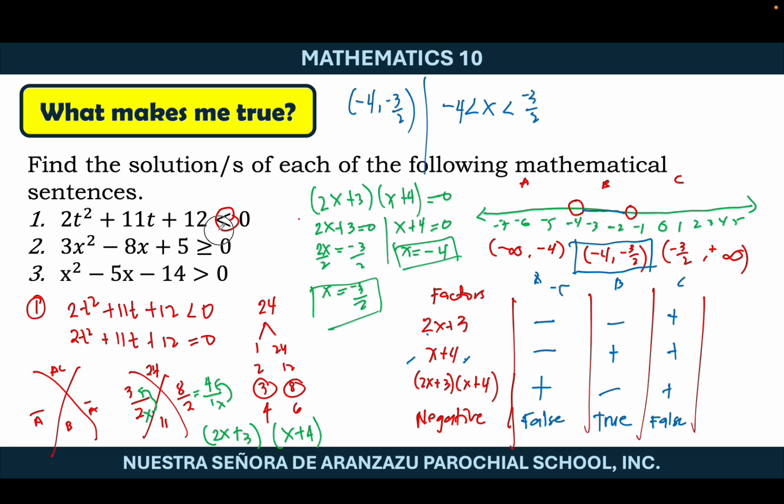So, kinopya lang natin itong symbol na ito. Okay. X is greater than negative 4 but less than negative 3 over 2. Then, kapag sinulat yung solution set of x values such that x is greater than negative 4 but less than negative 3 over 2. Yan. Okay.